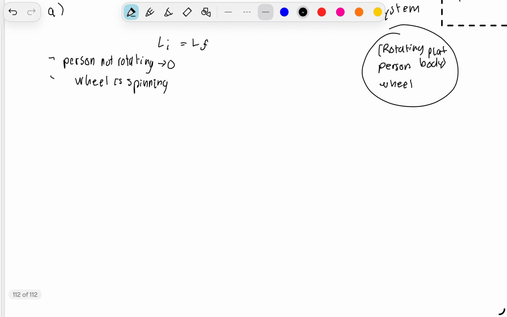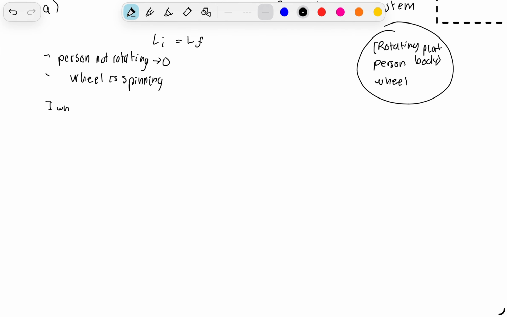So for the moment of inertia of the wheel, this is going to be as if you had your mass always at one distance from your center of mass, here is our pivot point. So we can make our moment of inertia mr squared, and we know that this is a hoop, right?